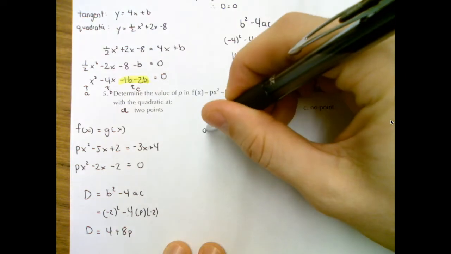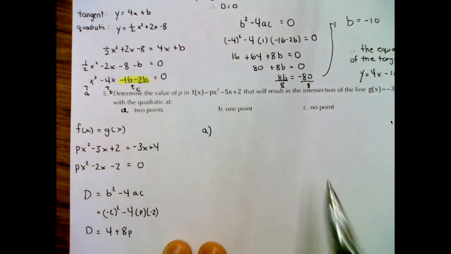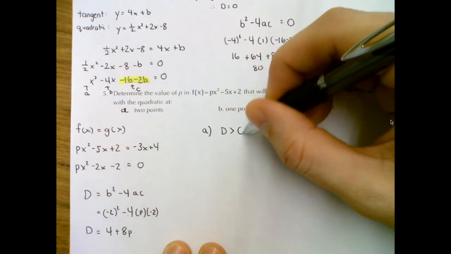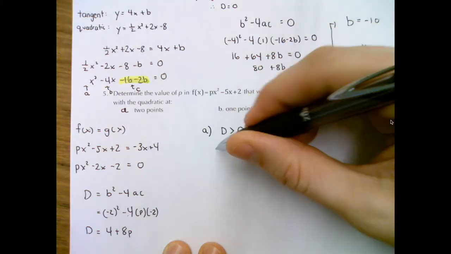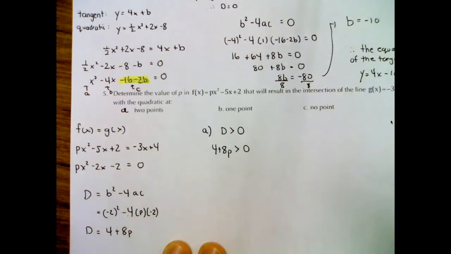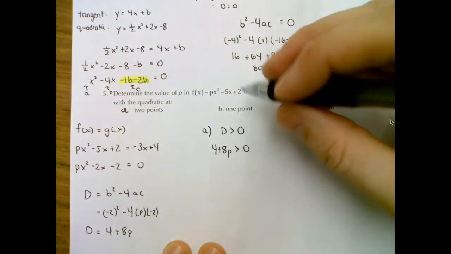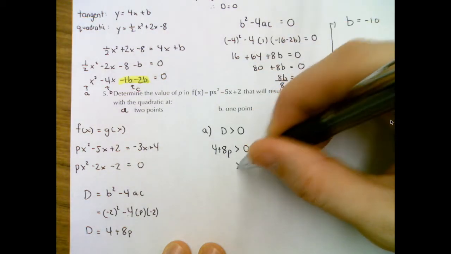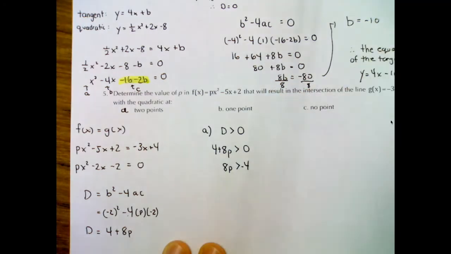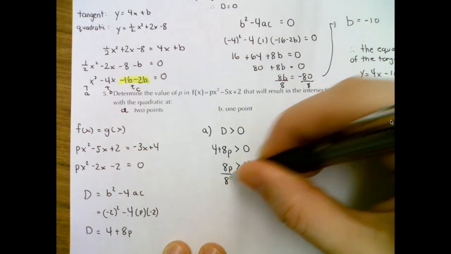For our solution to have 2 points of intersection, the discriminant would have to be greater than 0, which means that 4 plus 8p has to be greater than 0, because we just found out that our discriminant is 4 plus 8p. Now we solve for p. I'm going to move the 4 to the other side, and I'm going to divide both sides by 8.